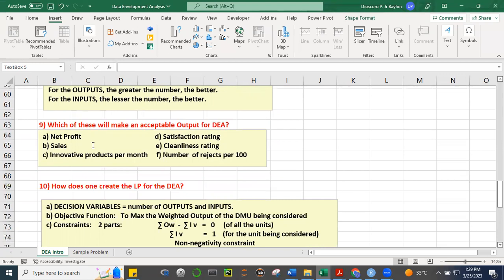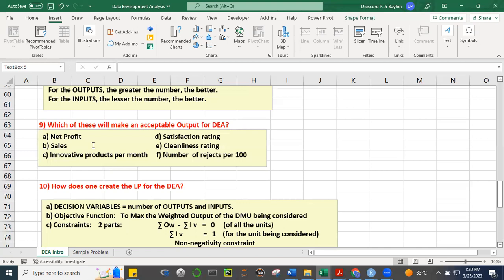Net profit is okay because the larger the net profit, the better. Sales is also okay. Innovative products per month is okay. Satisfaction rating is okay. Cleanliness rating is okay. But the number of rejects per 1,000 is not okay. This cannot be an output because an output has to have this context: the higher the output, the better.